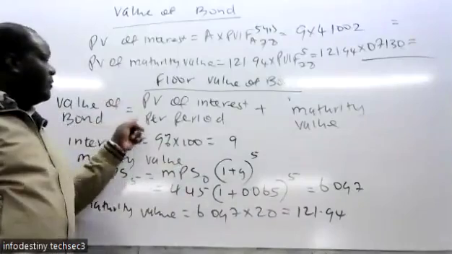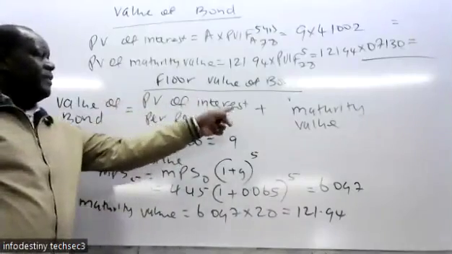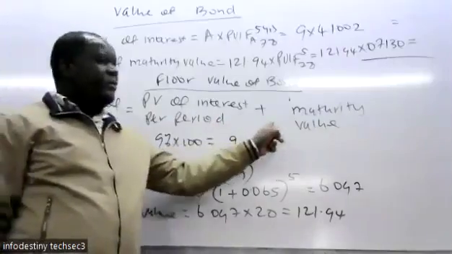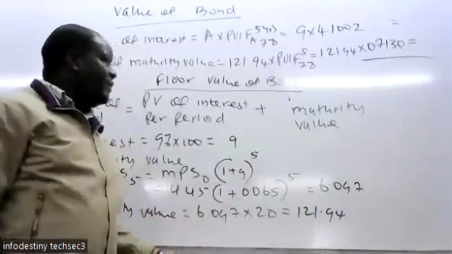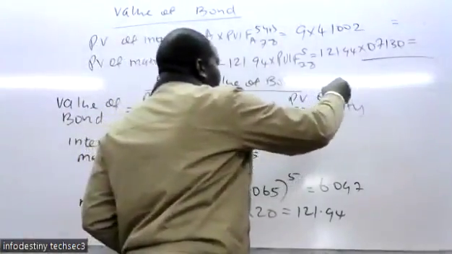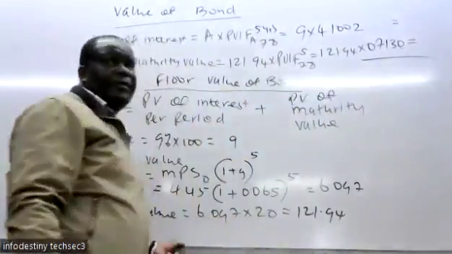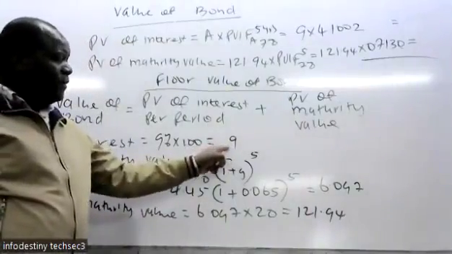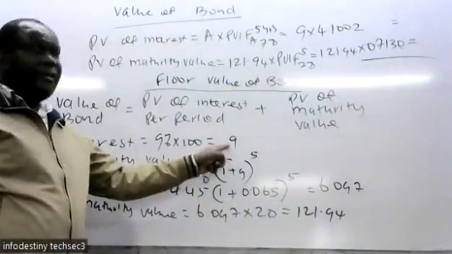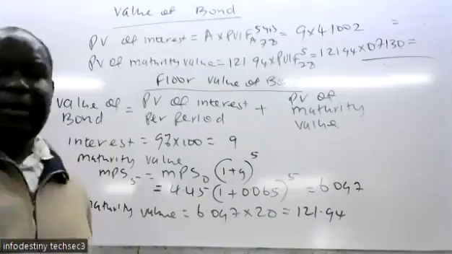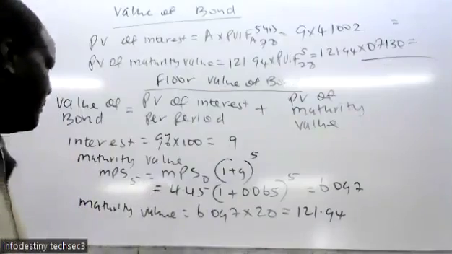Value of the bond is equal to the present value of the interest per period, plus the present value of the maturity value. Interest is not affected. It will just remain 9.